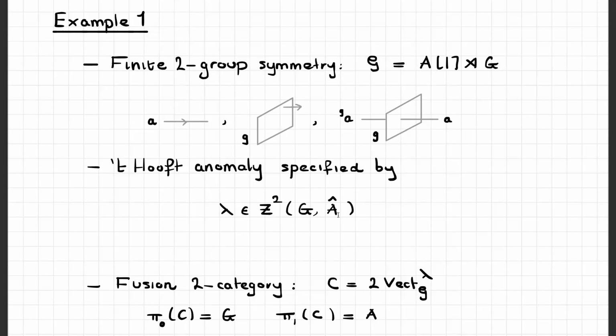I didn't try to draw the picture, but it's something where you pass a line through a junction between two surfaces, and that's why you get a two-cocycle. It gives an extra phase to diagrams like that. But okay, the fusion 2 category is what you might call two-group graded two vector spaces where the monoidal structure is twisted by this lambda. In particular, pi 0 is G, those are the surfaces, and pi 1 is A, those are the lines.